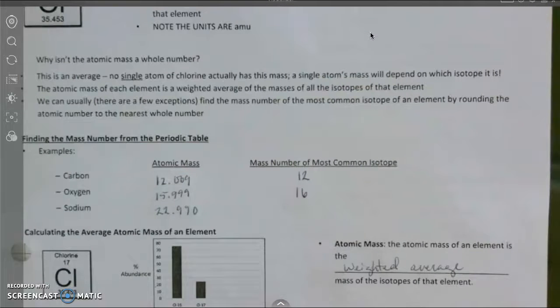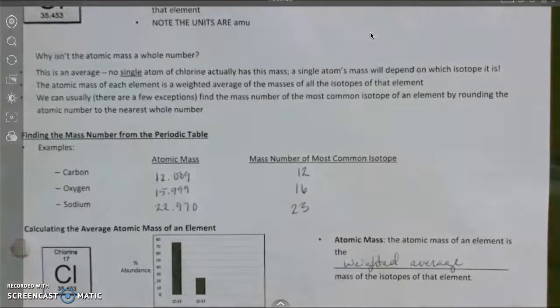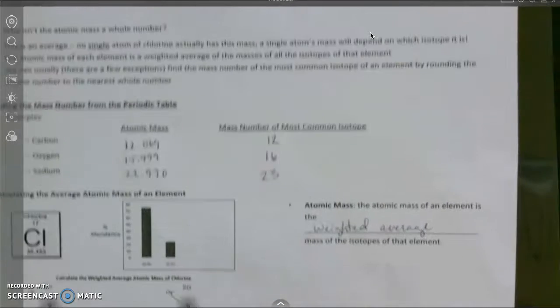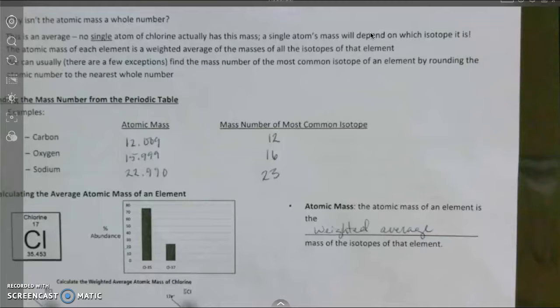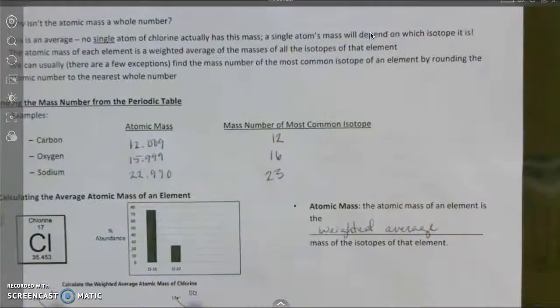And the most abundant isotope of sodium has a mass number of 23. Okay? So in the second video for today's material, we're going to calculate weighted averages of these isotopes to figure out that atomic element mass.